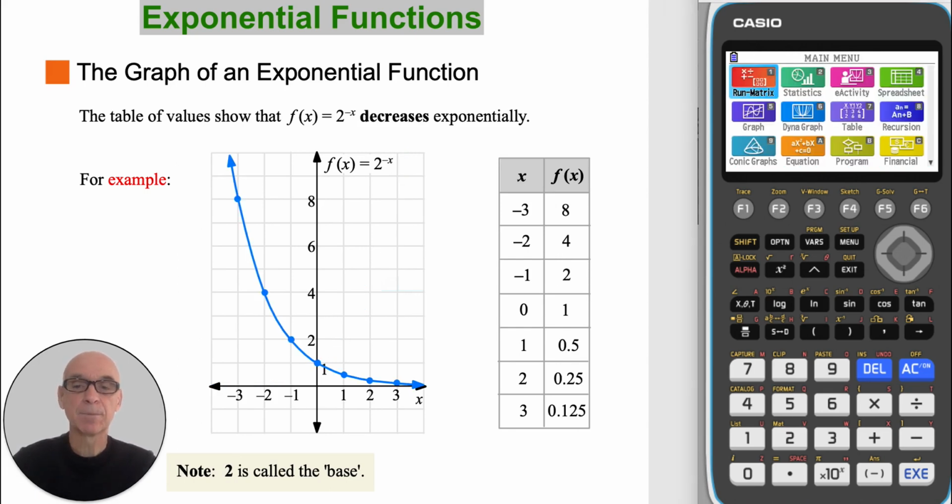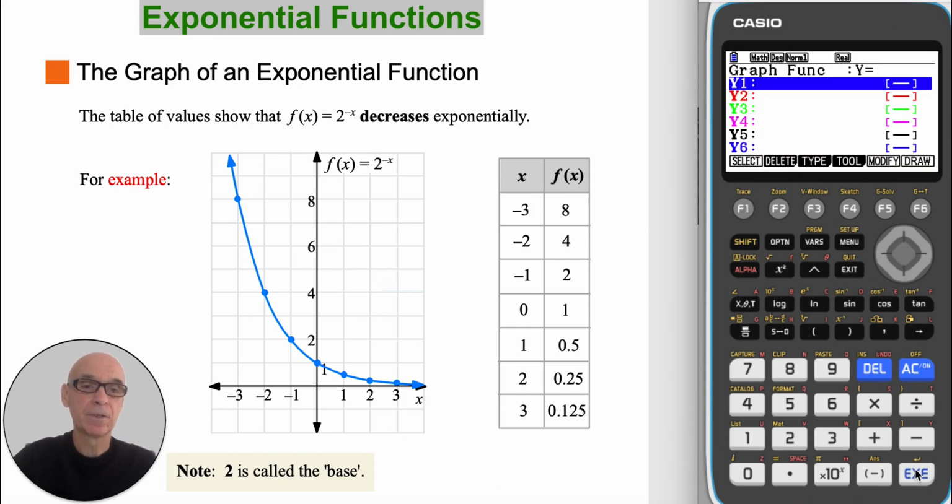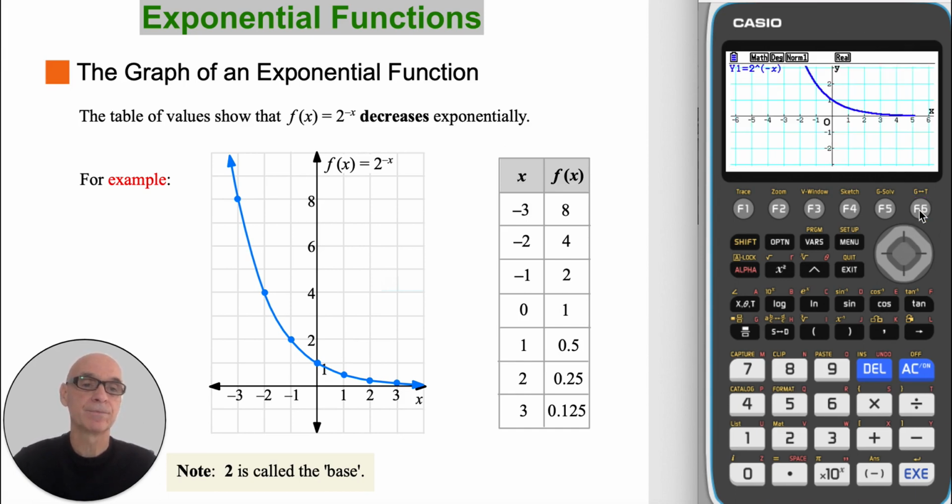In this example, the function 2 to the power of -x decreases exponentially. To demonstrate this, on the graph, I'll draw the function 2 to the power of -x. Press F6 to draw the graph.